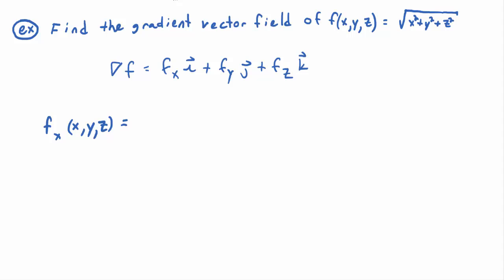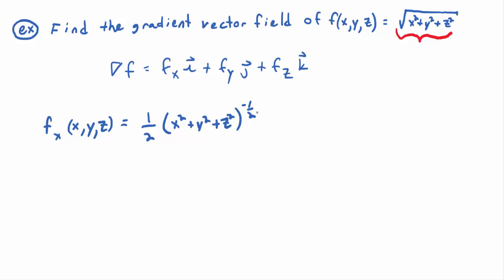You could think of this function as x squared plus y squared plus z squared to the 1/2. So what would that be? It'd be 1/2 times the quantity x squared plus y squared plus z squared to what exponent? Negative 1/2, right?